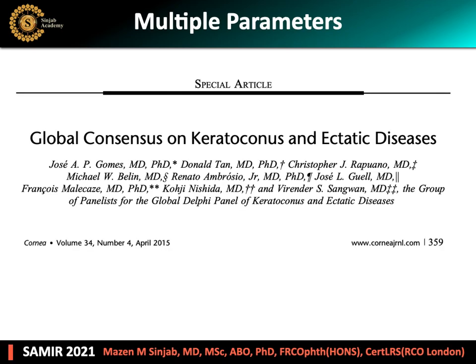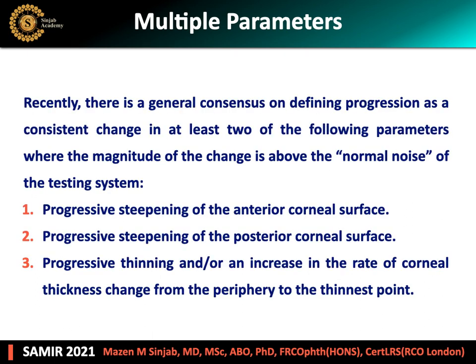Multiple parameters as well were described better by the Global Consensus on Keratoconus and Ectatic Corneal Diseases that came in 2015. It described the progression to be out of the normal noise of the testing system in terms of progressive steepening of the anterior surface, progressive steepening of the posterior surface, and changes in the thickness, like thinning and changes in the spatial profile.